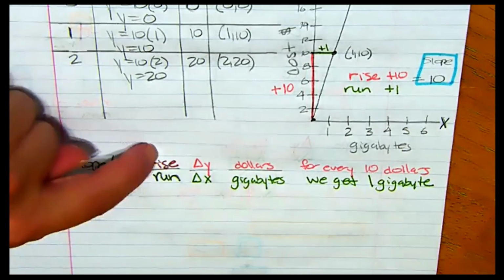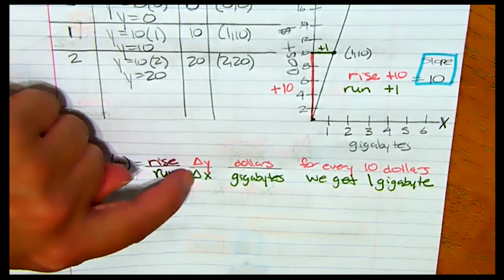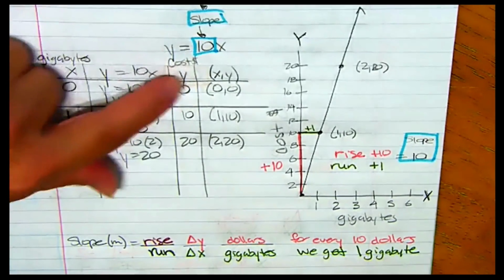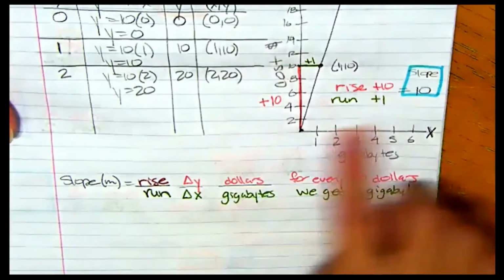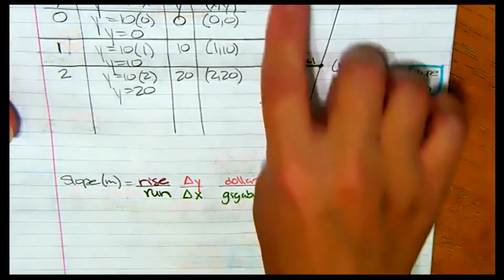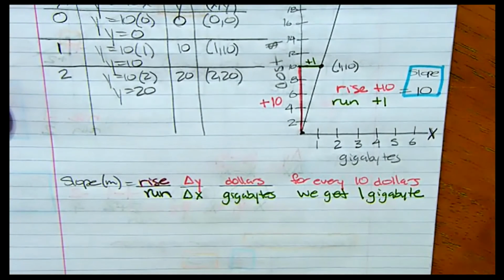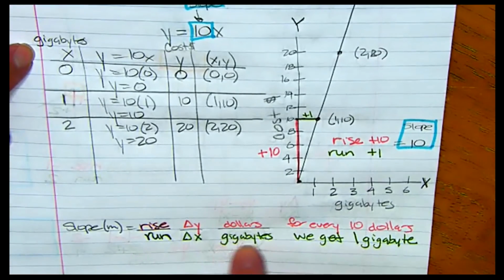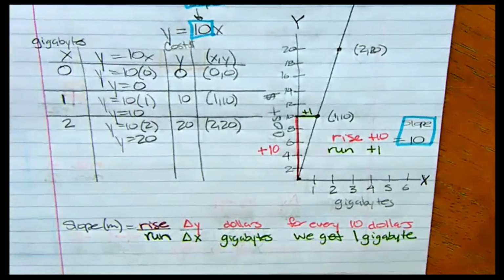Slope is rise over run. It is the y over the x. That's why it's always a good idea to label your x and your y. It will help you create your graph. We said x was gigabytes and y was dollars.